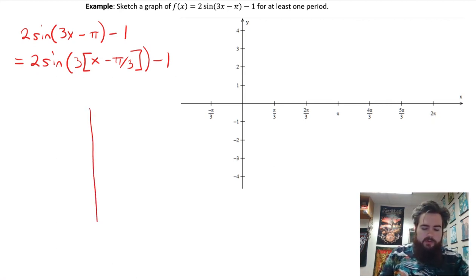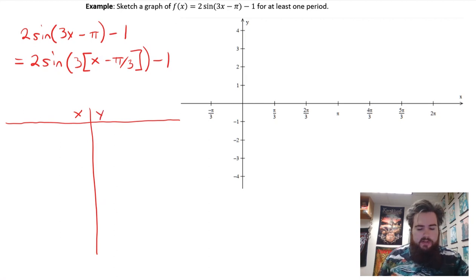I then am going to create a t-table. With this t-table, I'm going to start in the middle with values of x and y, or more accurately here, x and sine of x. The values I'm going to use are the most convenient ones, the quadrantal ones from the unit circle.